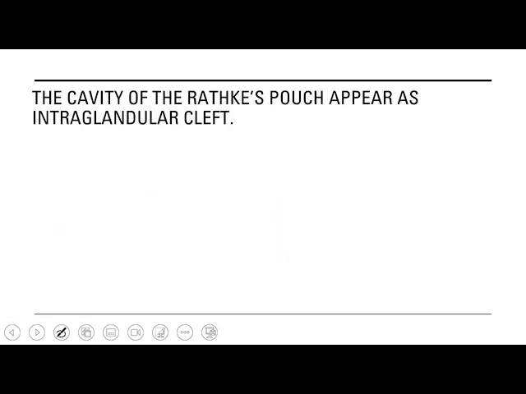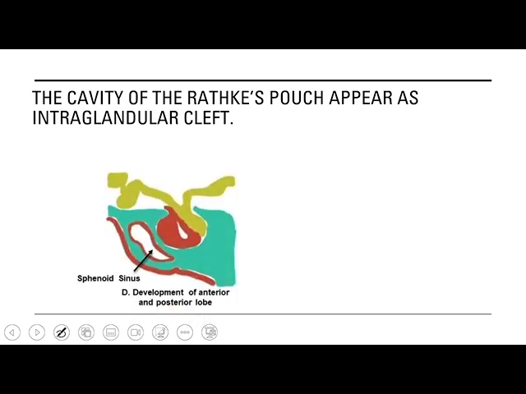Next, we see the cavity of the Rathke's pouch appear as an intraglandular cleft. What we can appreciate here is that the Rathke's pouch has two walls, that is the anterior wall and the posterior wall. The anterior wall proliferates and differentiates rapidly, while the posterior wall is thin and it proliferates relatively very slowly, and due to that there is the development of the intraglandular cleft.